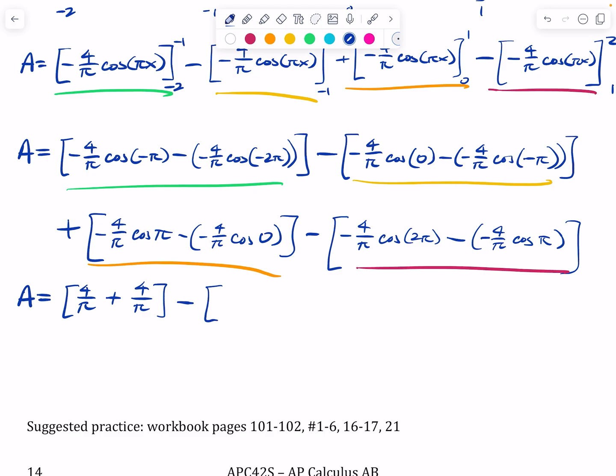Cosine of 0 is 1. So we've got negative 4 over pi. And then, let's account for this first. Cos of negative pi, we said was negative 1. So negative 1 times negative 4 over pi is positive 4 over pi times negative 1. So negative 4 over pi.